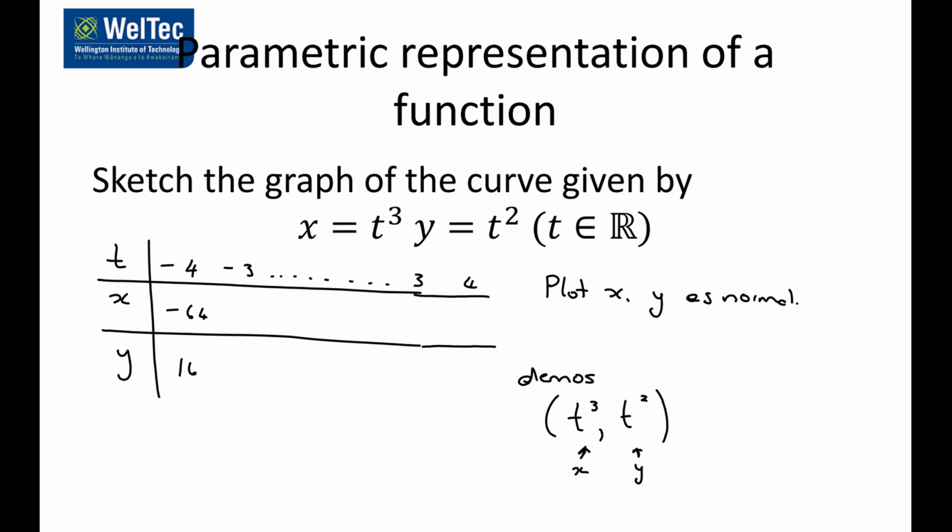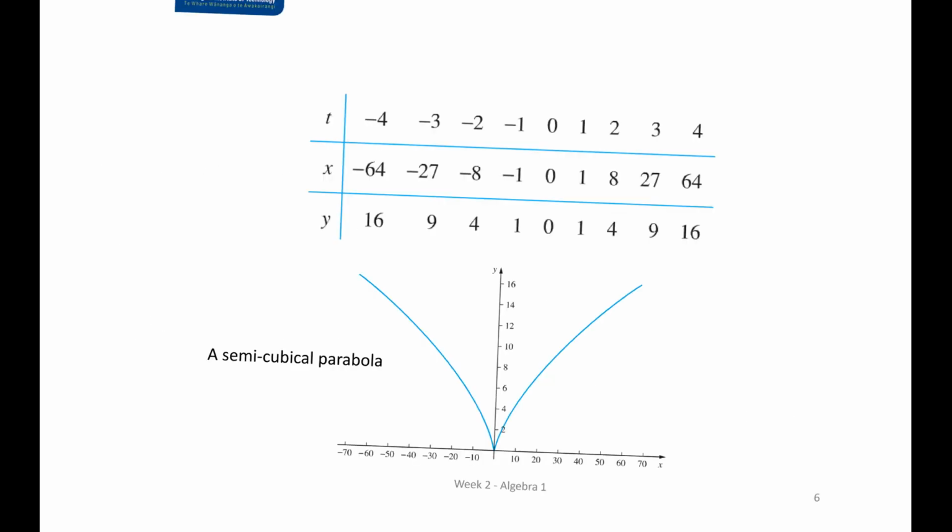You will need to specify some sort of domain, so you might want to say that negative 4 is less than or equal to t, which is less than or equal to 4, or whatever numbers you want to choose. So you just have to specify the domain a little bit. Either way, you get what we call a semi-cubical parabola, which has a 0 point at 0, which you can see from the table of values.